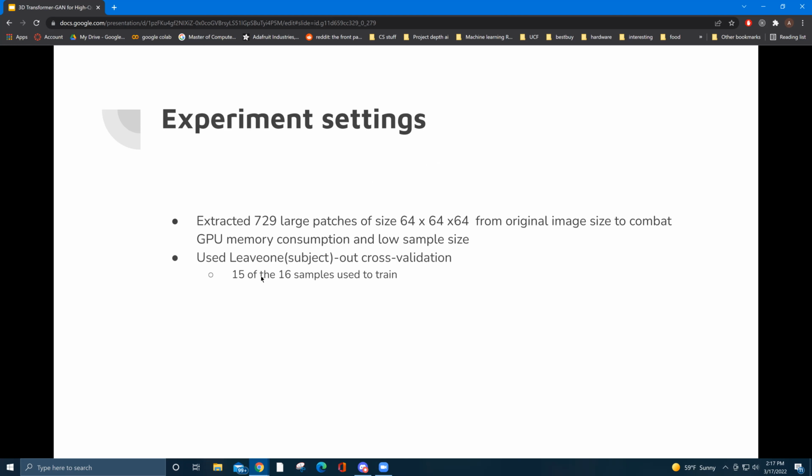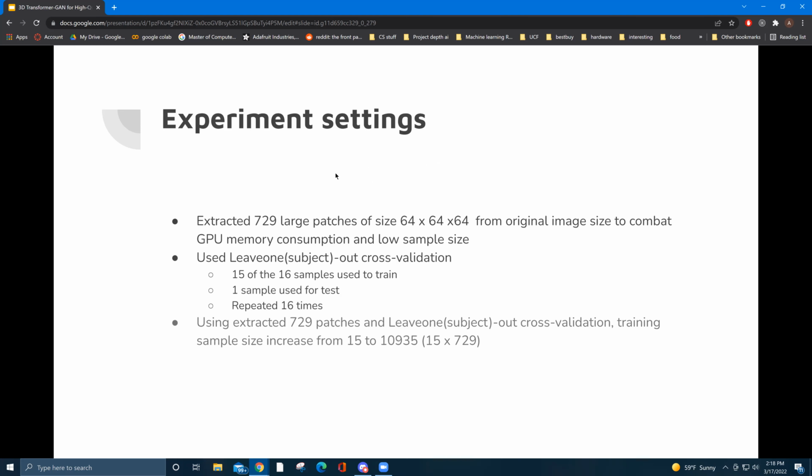This is where they would use 15 of the 16 samples to train and save one to test, and they repeat it 16 times. So they would go through every single sample, pull one out, and test on the ones that remained. Using the patches they extracted and the leave-one-subject-out cross-validation experiment, they increased their training size from 15 samples to 10,135. So they did try to help with that small sample size.